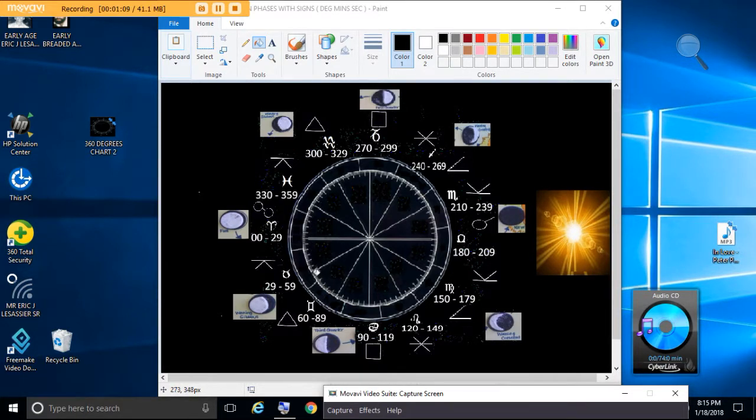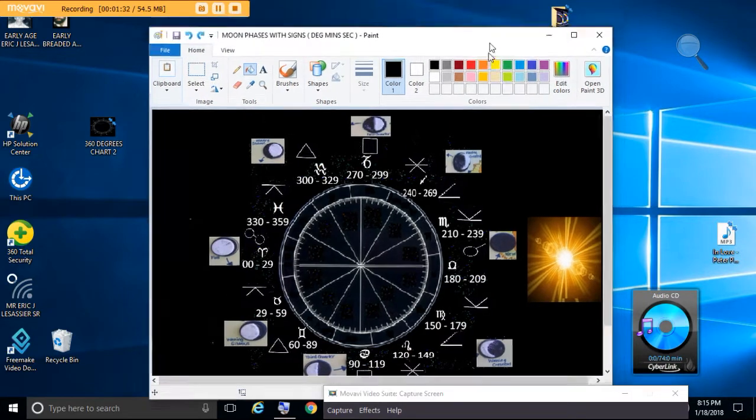Each section is 1/12 of an entire circle, or 360 degrees. Now, these points relate to the longitude lines that actually establish time.